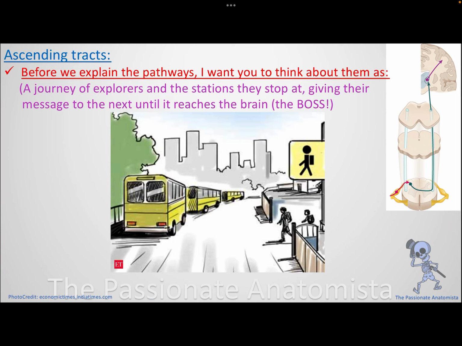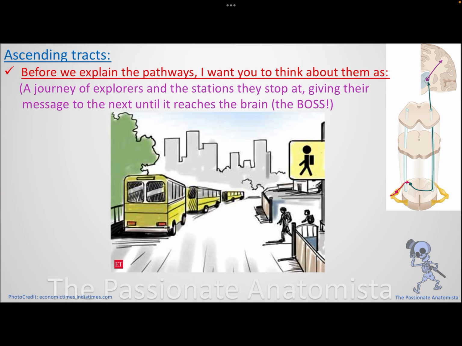Because that way, the neuroanatomy is going to be way more interesting than just studying it for the sake of studying it, you know? So just think about the ascending tracts as a journey of explorers. Each one of them is going to give the information to the next until we take this sensation that we are feeling around us to the brain. That's all we need to do.